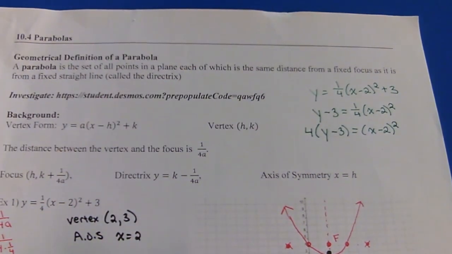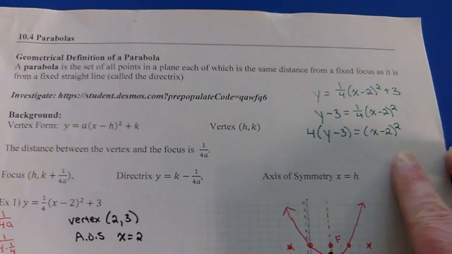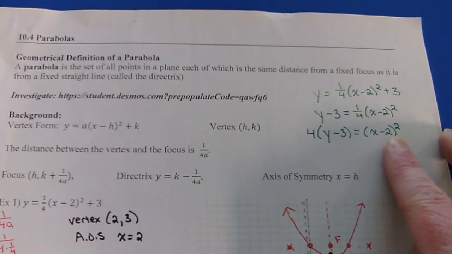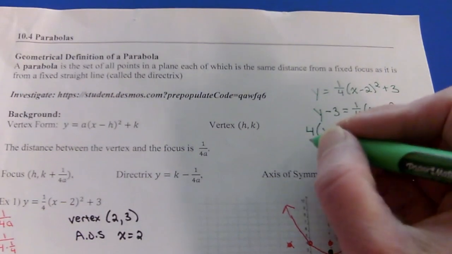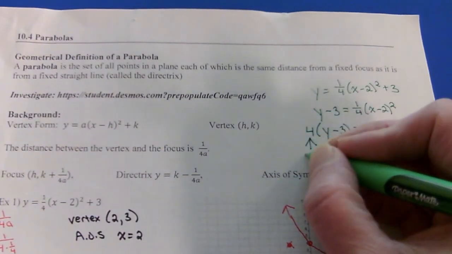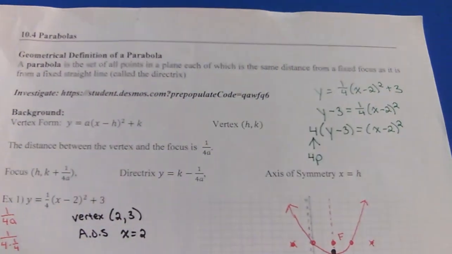If it's written in this form, where the something squared is by itself, then this 4 is my focal diameter. This is 4p.